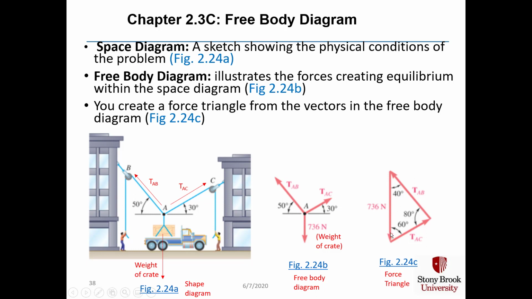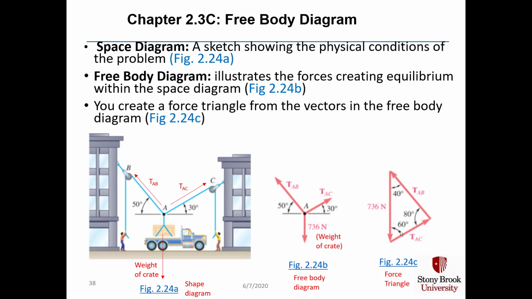Then the downward force of 736 newtons is at an angle with T sub AC, which is brought over at its current angle of 60 degrees, because T sub AC is 30 degrees relative to the horizontal, which means it's 90 minus 30 degrees equals 60 degrees relative to the vertical.